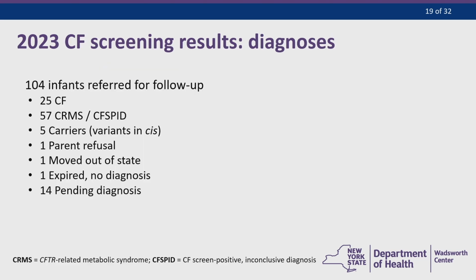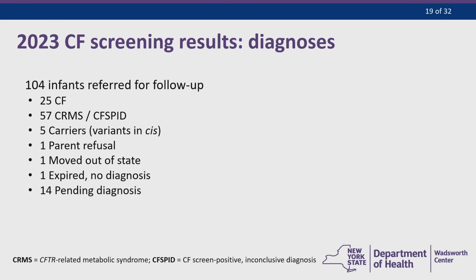Taking a look into our 104 screen-positive infants, what were their diagnoses? So 25 had CF out of 104, but 57 were asymptomatic and were classified as CRMS/CFSPID because their sweat chloride was less than 60. And so this is the flip side of sequencing. This is sort of the bad side of it.